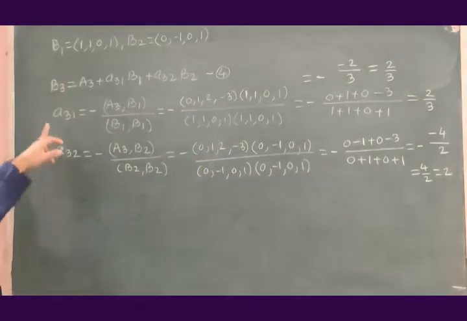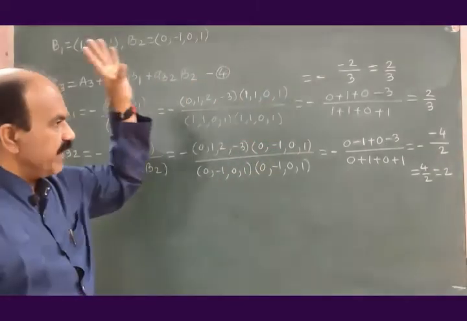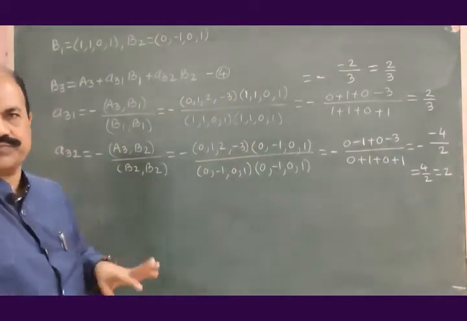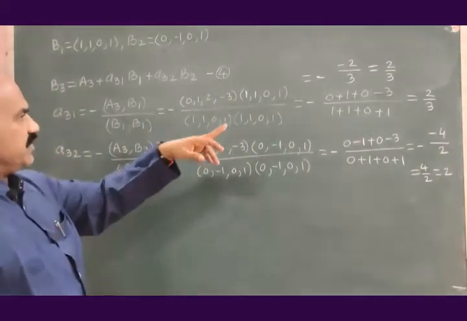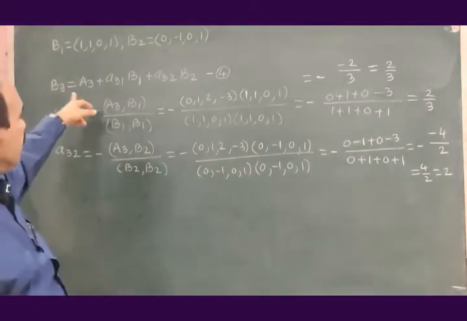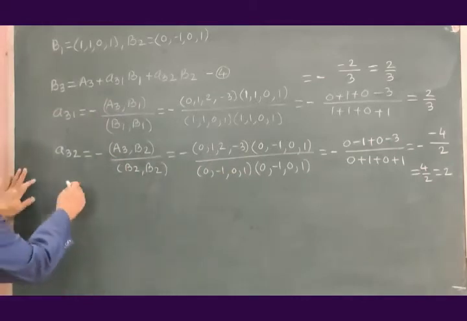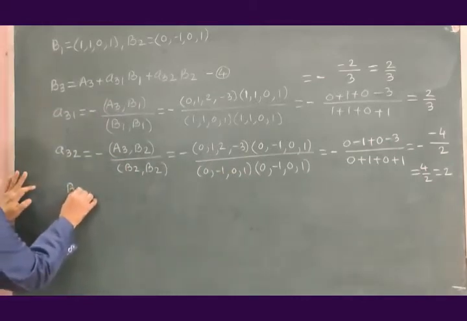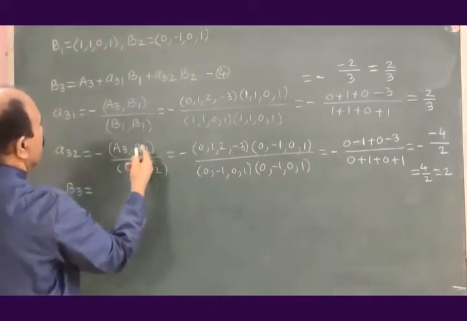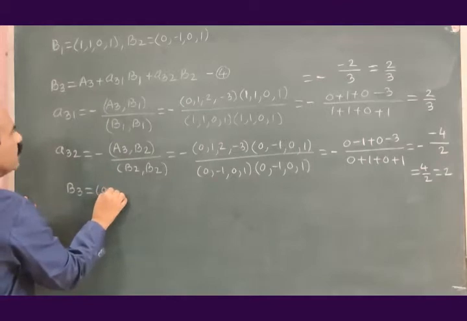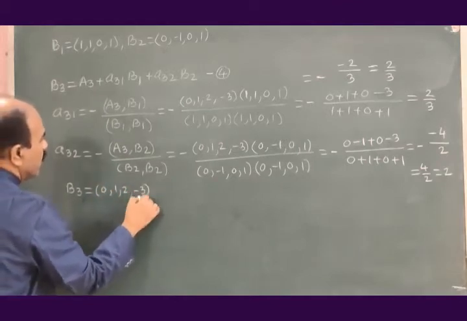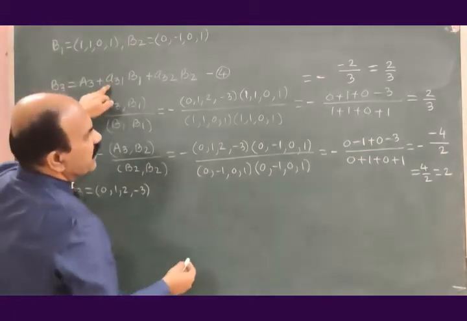So we got A31 is equal to 2 by 3 and A32 is equal to simply 2. Let us substitute these values for A31 and A32 in equation 4 to get B3. So B3 is equal to A3, this one, 0, 1, 2, minus 3, plus A31.